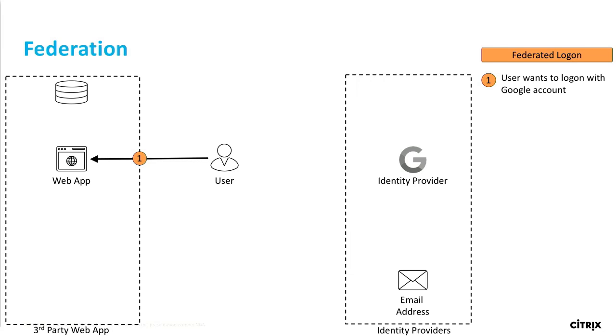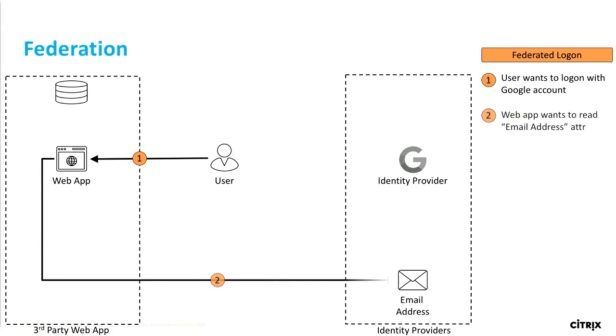I click on sign in with Google, and what this web application is going to do is ask Google as the identity provider, I would like to have access to the following attributes. The list goes on: picture, full name, email address. That's pretty much the typical three that are being requested. This could be Facebook, this could be Twitter, this could be anything.